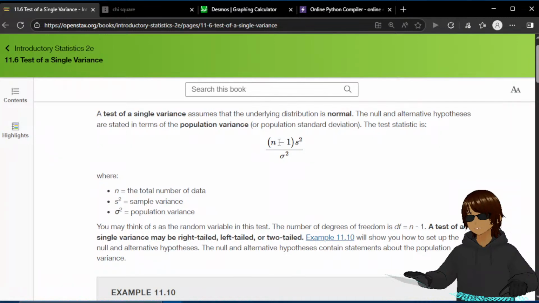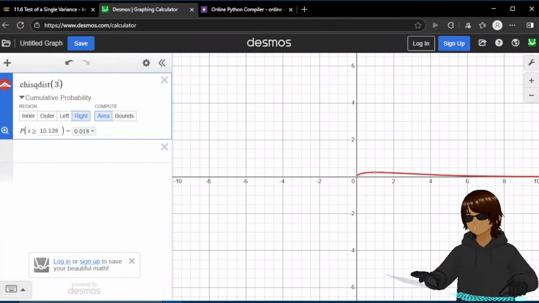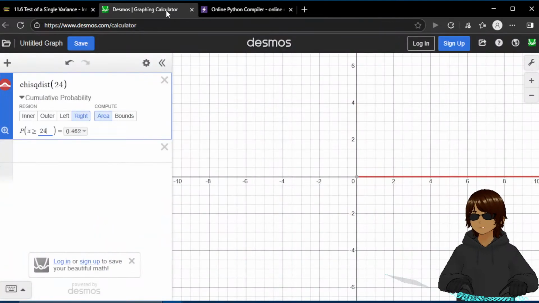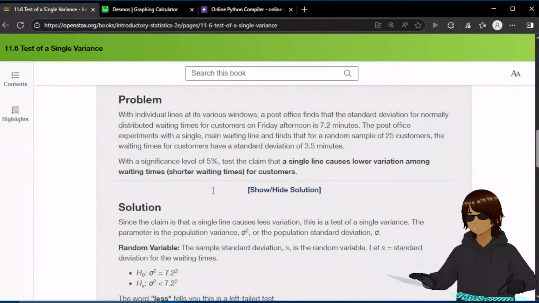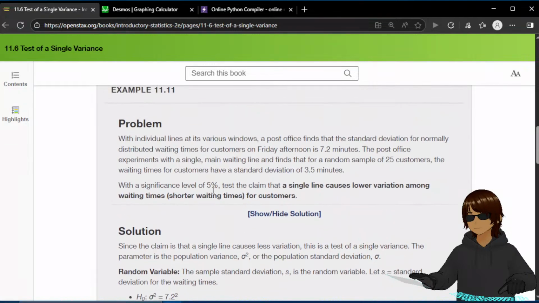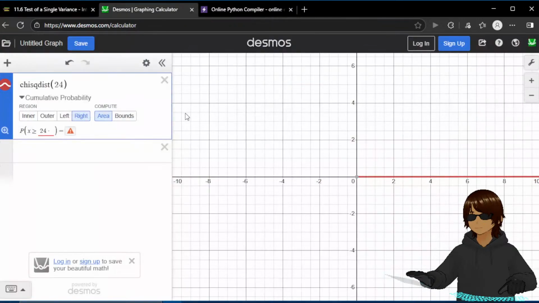Test statistic is this chi squared, n minus 1. So chi square with 24, n minus 1, 24 times 3.5 divided by 7.2.